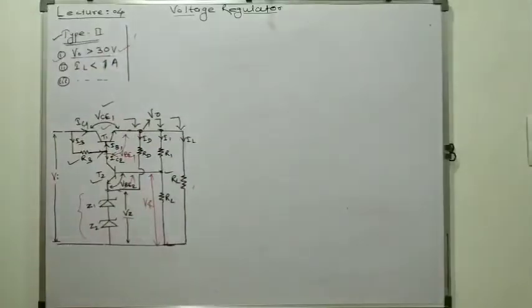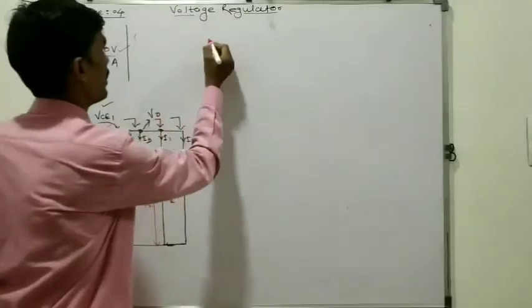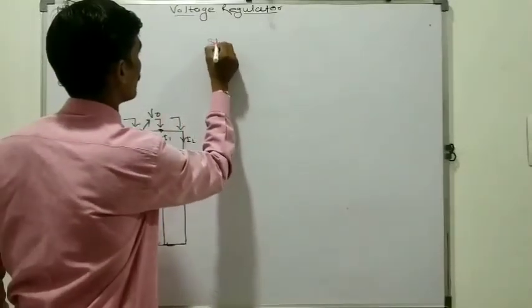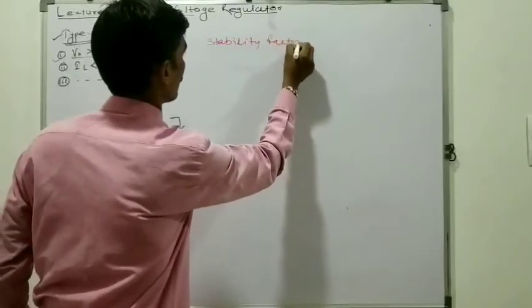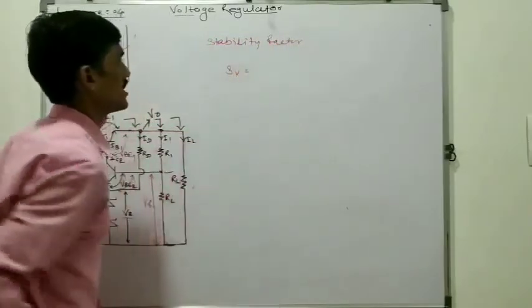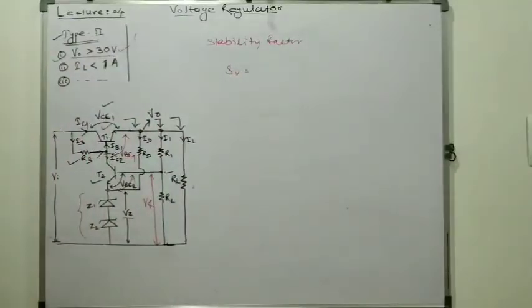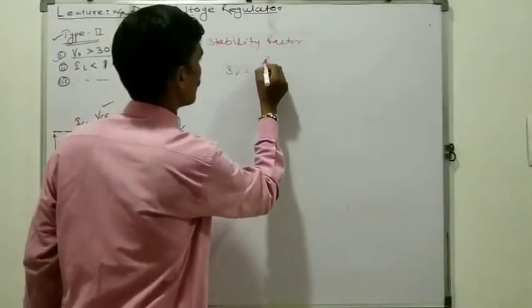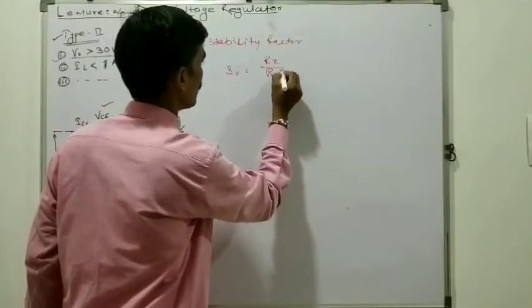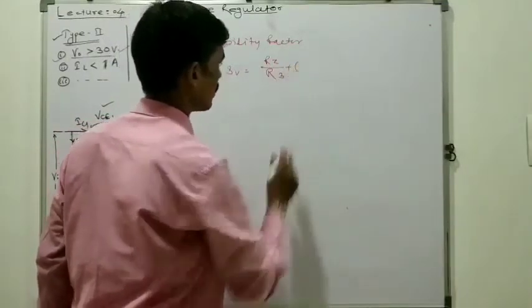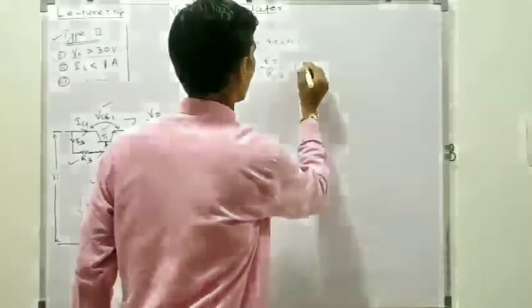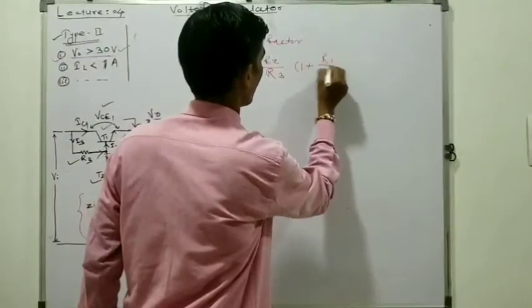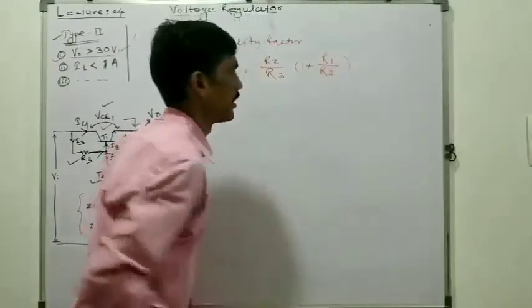Stability factor SV is equal to RZ divided by R3 plus, multiplied by 1 plus R1 divided by R2.